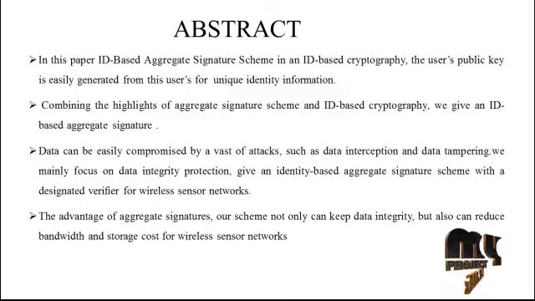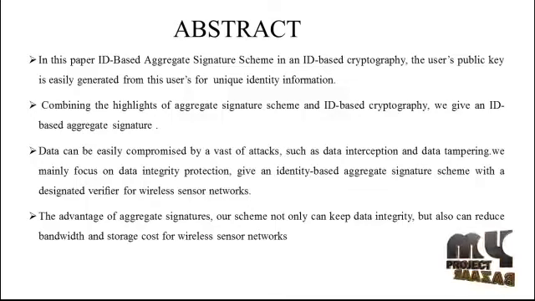Our project abstract. ID-based aggregate signature scheme is an ID-based cryptography. The user's public key is easily generated from the user's unique identity information. Combining the highlights of aggregate signature scheme and ID-based cryptography gives an ID-based aggregate signature.